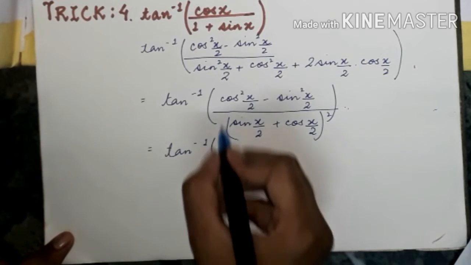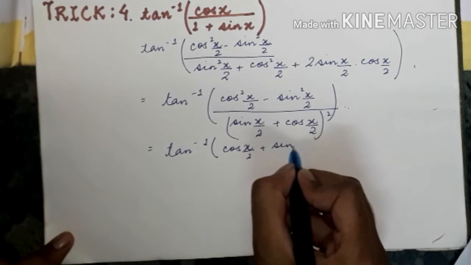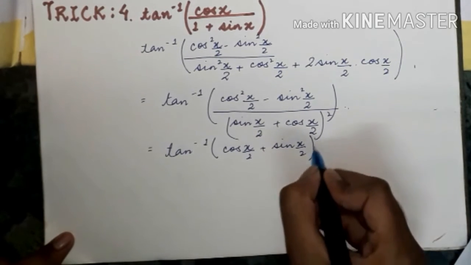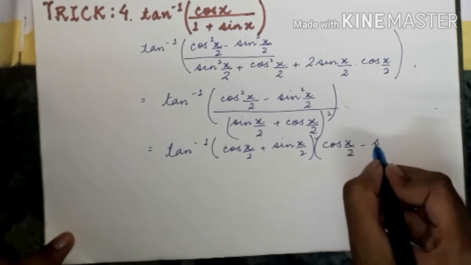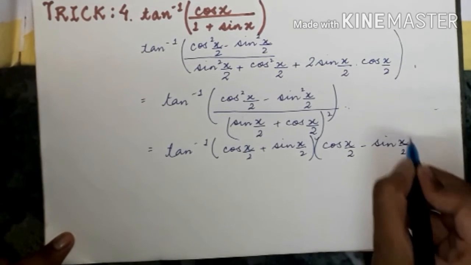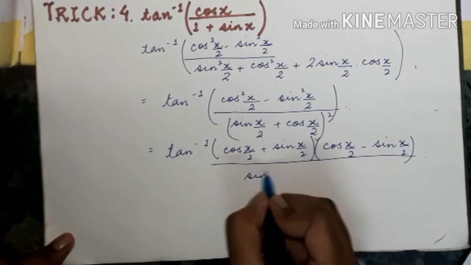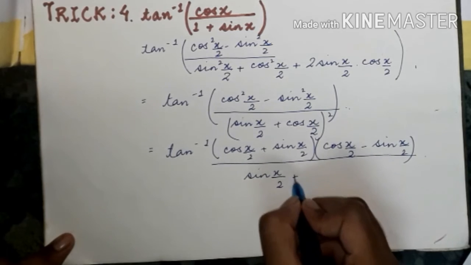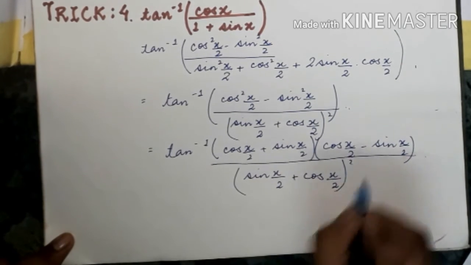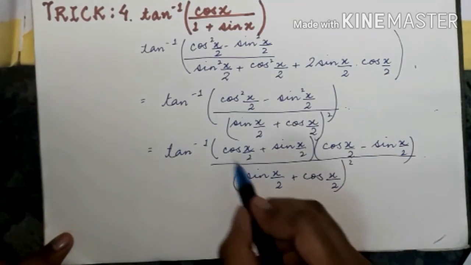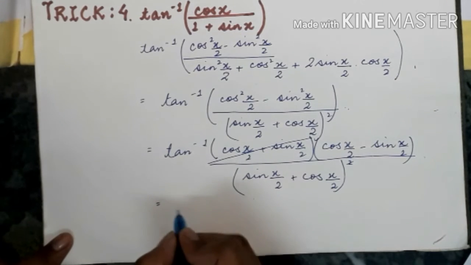So what will you do here? Cos x by 2 plus sin x by 2 into cos x by 2 minus sin x by 2 upon sin x by 2 plus cos x by 2 whole square. See, these two are identical, so these two get cancelled away.